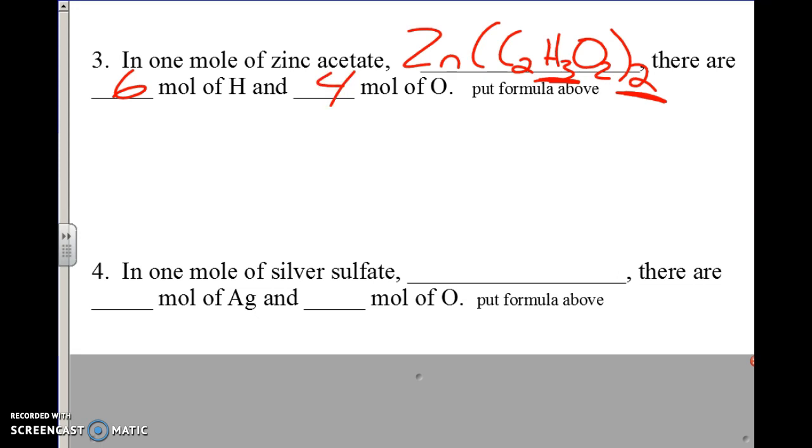Again, try this problem on your own before you progress any further. Ag2SO4 to balance the charge. In 1 mole of silver sulfate, there'd be 2 moles of silver and 4 moles of oxygen.